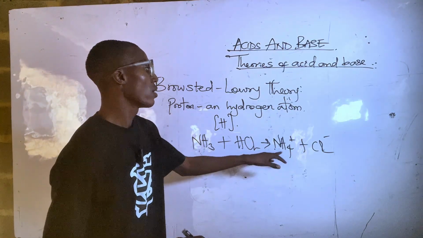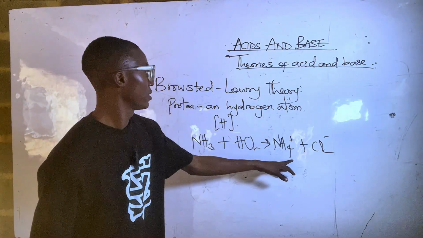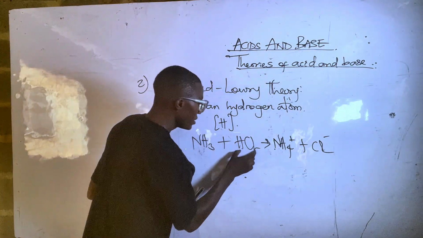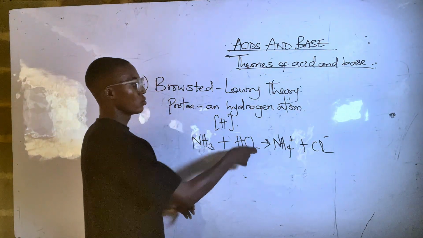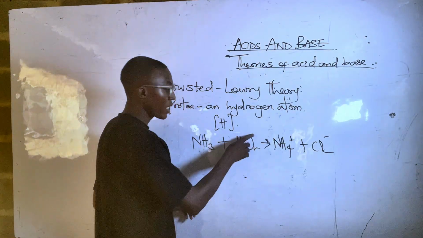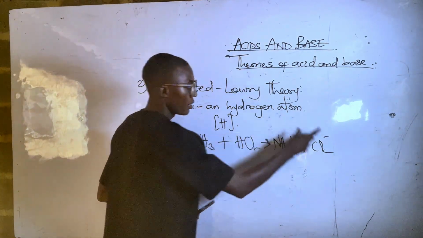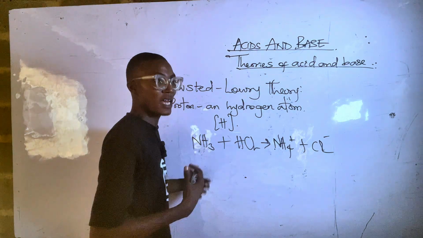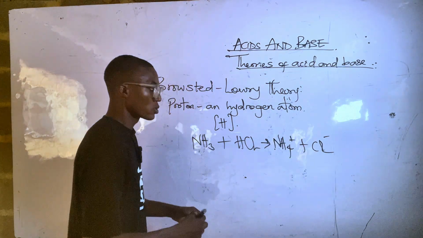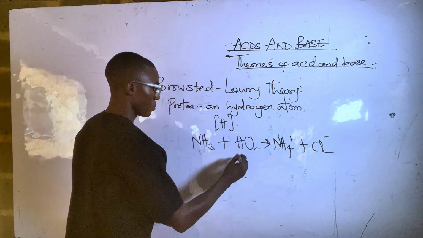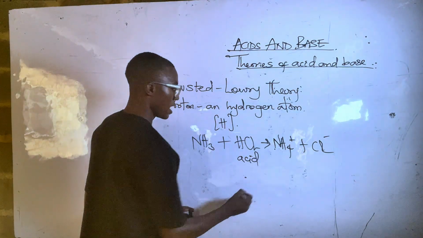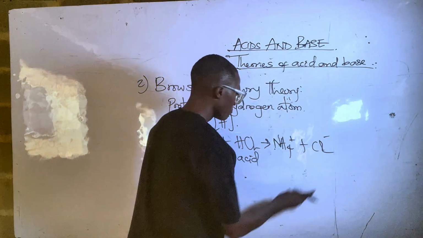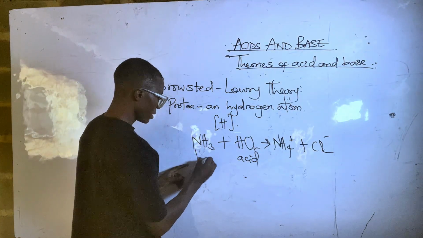Now it has added 1 hydrogen to itself. It means that the HCl has lost 1 hydrogen. Here HCl, here ordinary Cl. The HCl has lost hydrogen, has donated a proton. So an acid donates a proton. So here HCl is the acid because it is capable of donating the H, while the NH3 is the base.